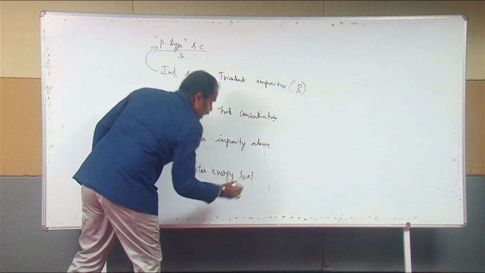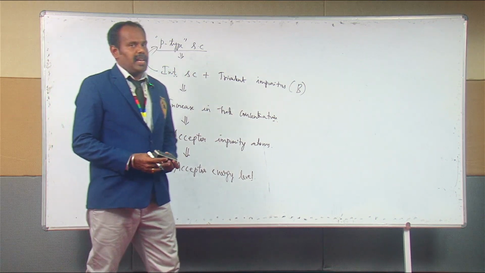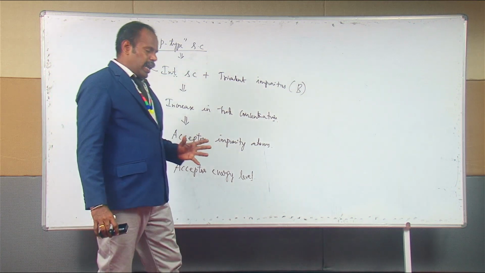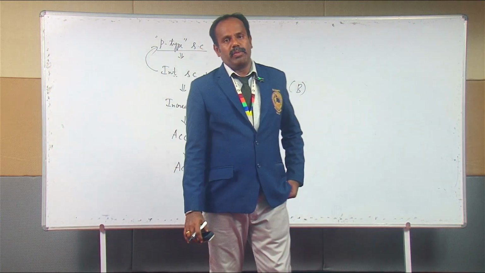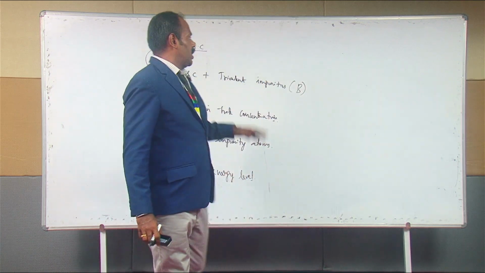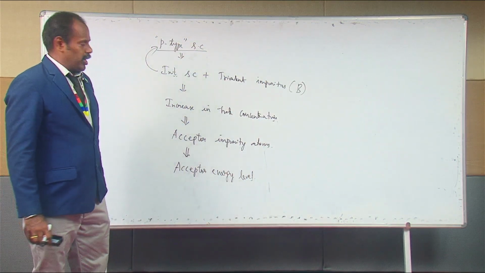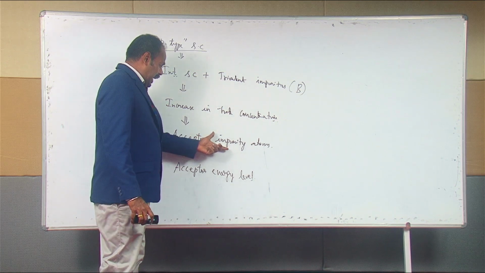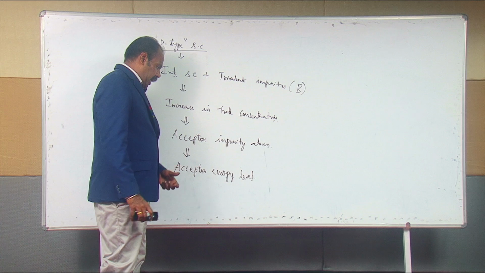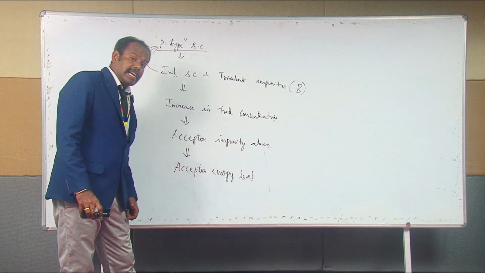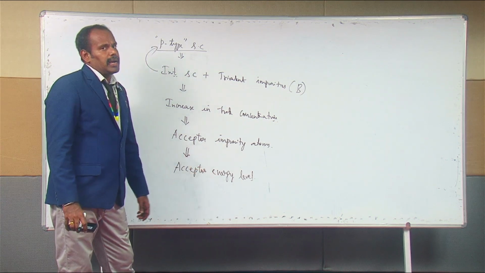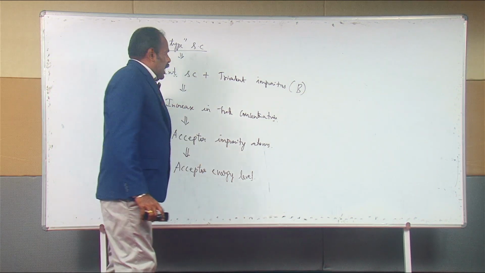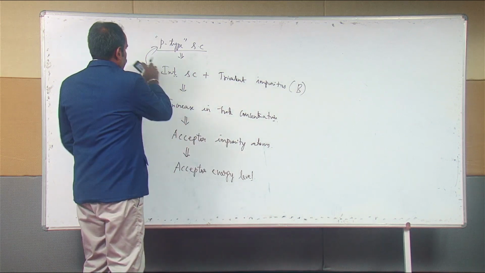Now let's discuss what happens at T equal to 0 Kelvin and T greater than 0 Kelvin for the p-type semiconductors. And there's a reason behind why we call the impurity atoms acceptor impurity atoms, and the new energy level that is getting introduced the acceptor energy level. Let's explore all these details in the coming session.